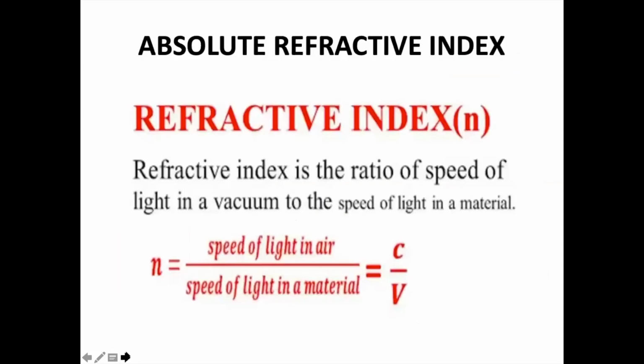So what is absolute refractive index? Absolute refractive index means the ratio of the speed of light in vacuum to the speed of light in that particular material. It is denoted eta is equal to C upon V. C means the speed of light in air, or rather, in brackets, vacuum, upon the speed of light in that particular material.